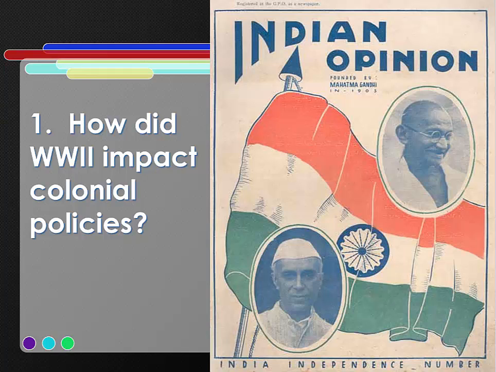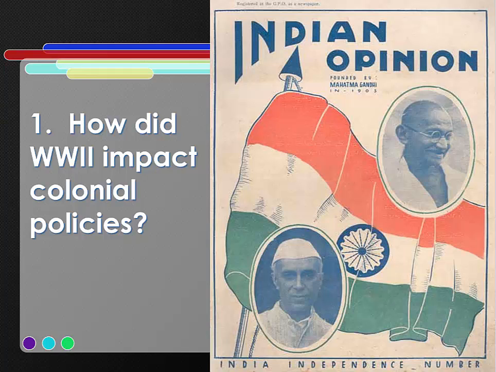A lot of the upper levels of the societies in the colonies were being educated in Europe, and a lot of these people are going to be the ones that begin these nationalistic movements. So on this picture here, I have Gandhi and I have Nehru. Both of these men were educated in London, so they saw what type of governments they had in London and in Britain, and they wanted those types of governments for themselves at home.